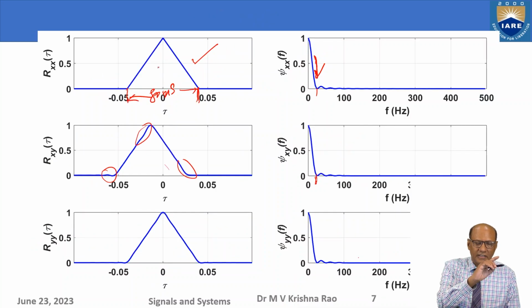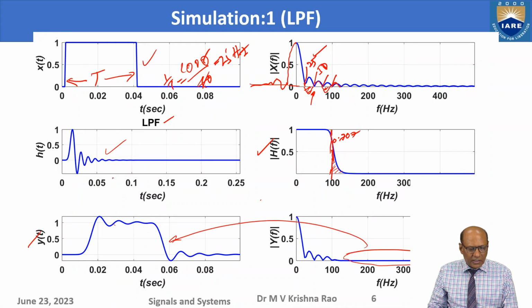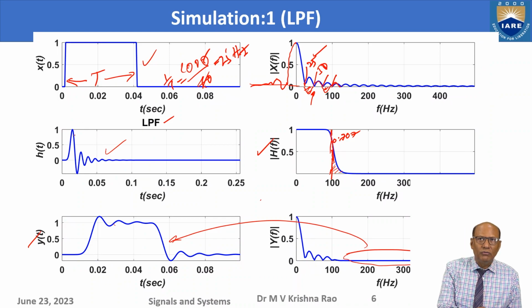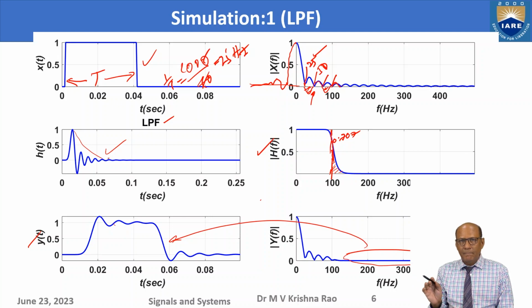This and that impulse response are convolved, so I get this Rxy and that. That's why I will get this. But one important thing is that here the oscillations are symmetric, whereas here only one side is there, the other side is not, because this is a skewed waveform. It is falling like this, skewed towards the right. So it is not a symmetric wavelet. It is a decaying sinusoid, something like that.